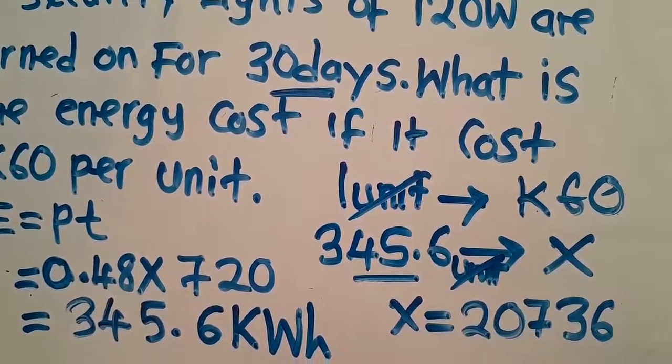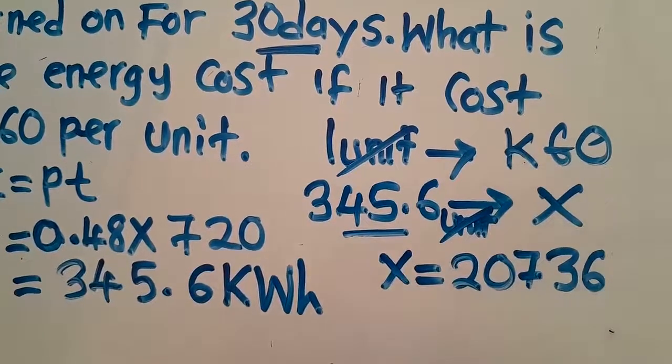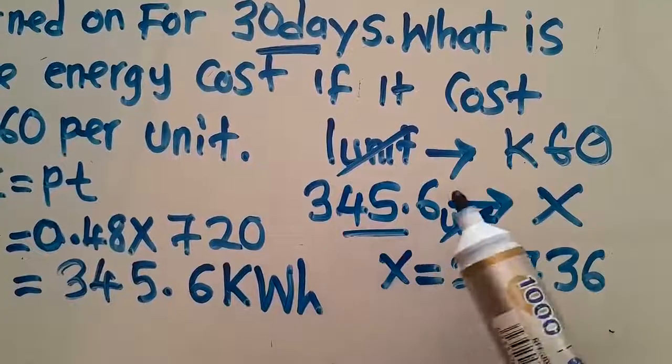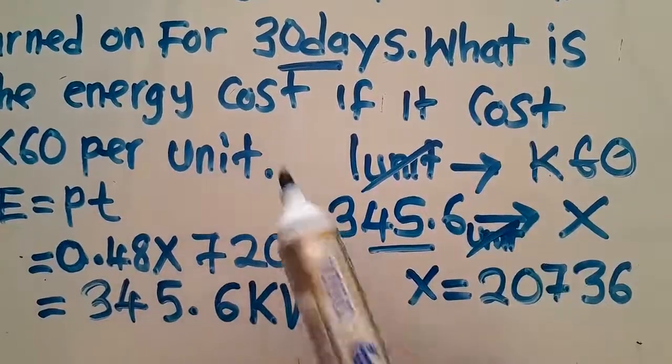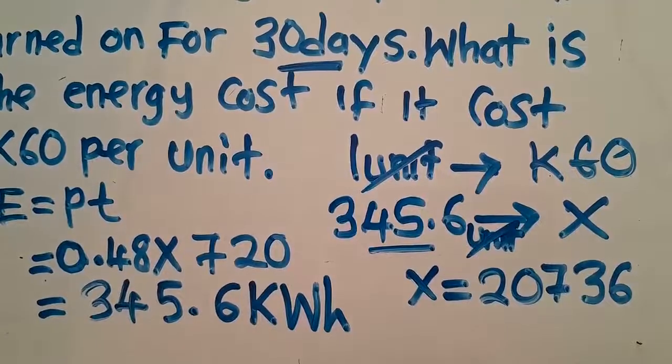So here, what we are going to do now is conclude and say the money. The question is, what is the energy cost? We are talking about money here. The energy cost for using these 4 security lights of power 120 watts for 30 days, the money is this one.